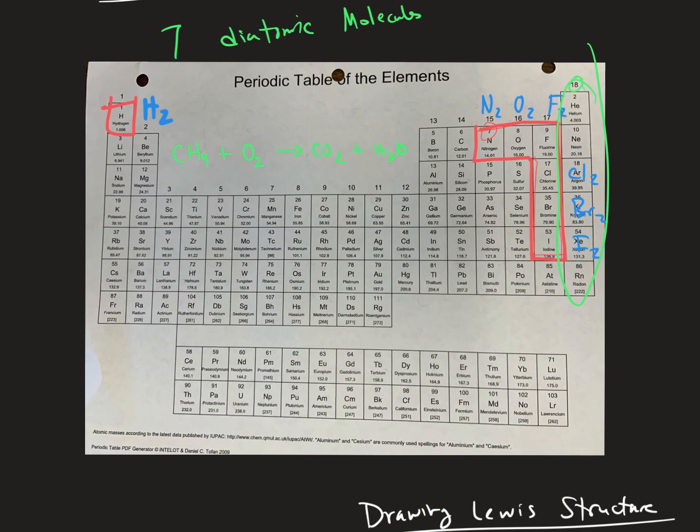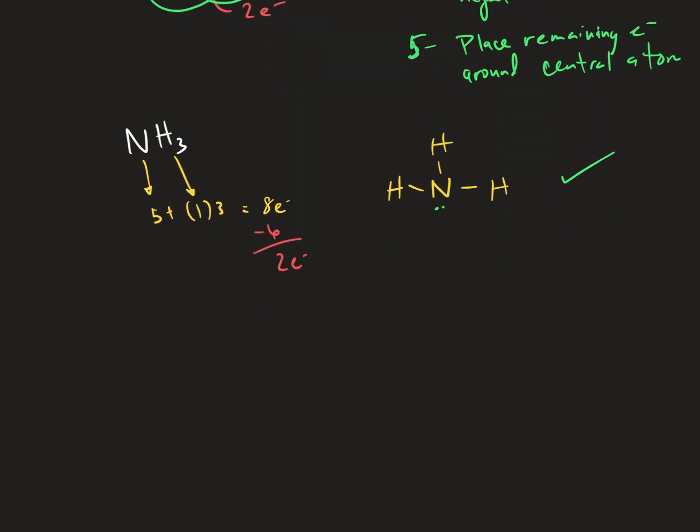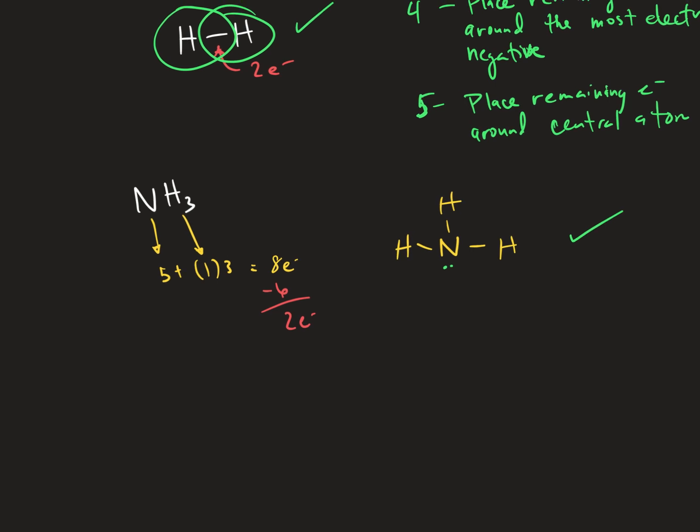And so carbon only has 4. It wants 8, so what's it going to do? It's going to share until it has 8. In this case, nitrogen has 5, but it wants 8. So it's shared with these hydrogens.